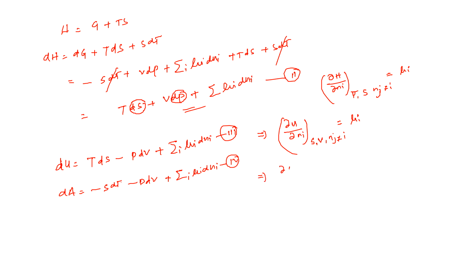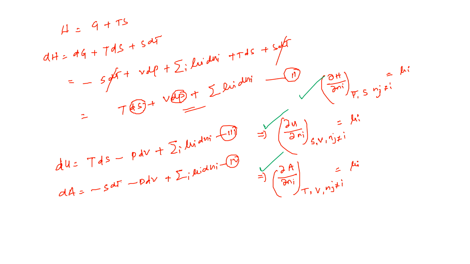Suppose if you write the chemical potential in terms of Helmholtz energy, we write del A del Ni at constant T, V, Nj not equal to Ni equals mu i. So from these four fundamental equations we get four expressions of chemical potential.